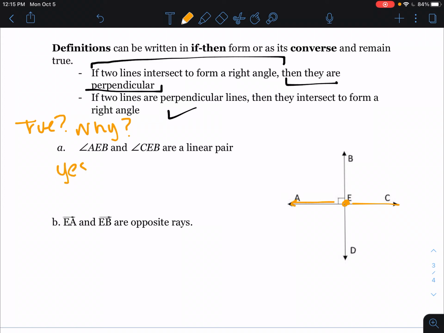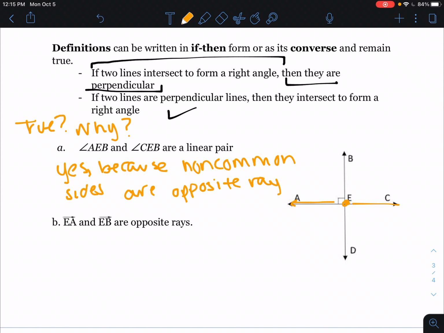Yes, because we know that these two have a non-common side, and the non-common sides are opposite rays. There's lots of different ways that you could explain this, but you would say yes, and this is why. That's why we need that logic. We need to be able to explain why.